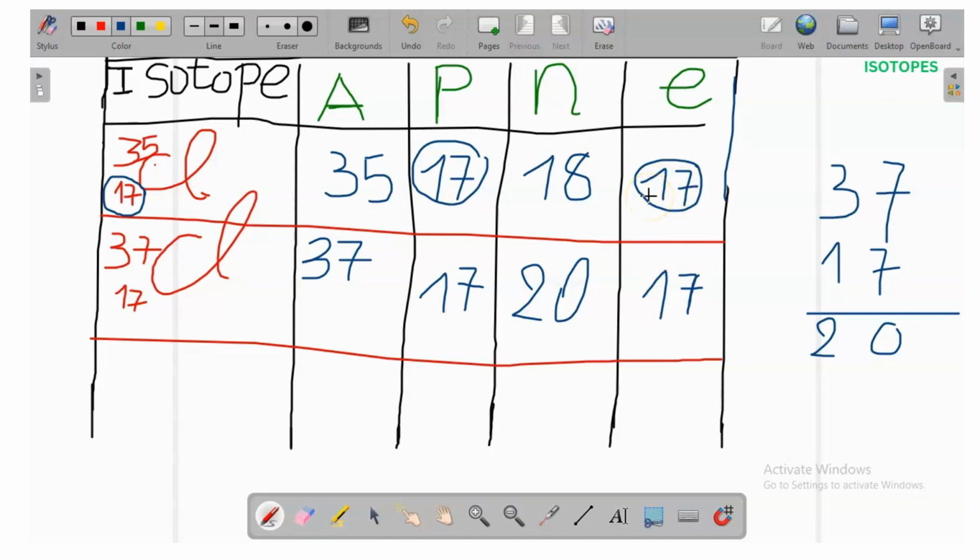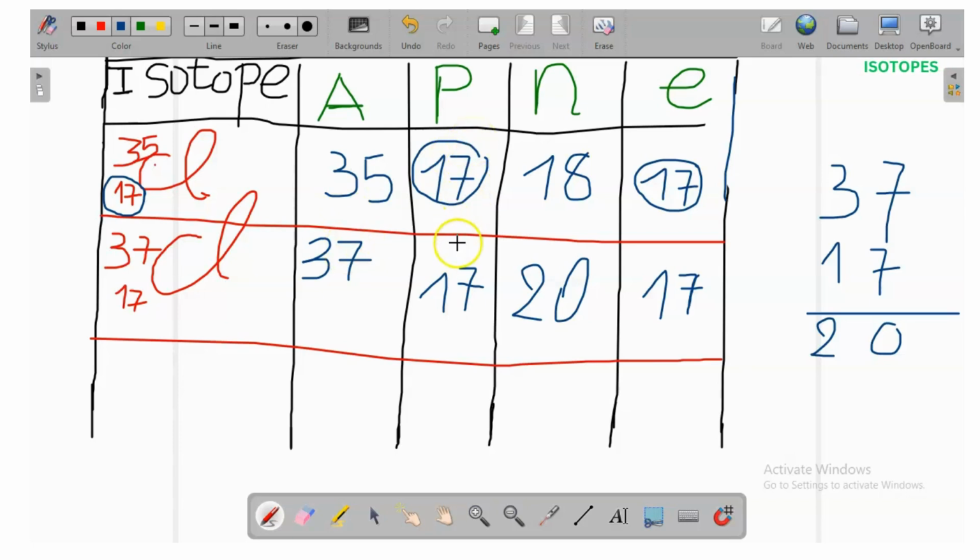Let us continue by taking the conclusion. Isotopes are atoms of the same element. As you see here, of chlorine, we have two atoms of one element. The masses are very different.